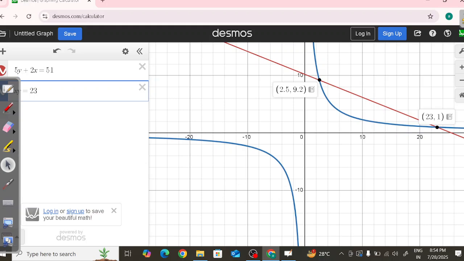Now you will say, why teacher, why are we using this? We have to expand the second expression also and equate it with the given equation, the same method we followed to find A and B. But that is not necessary, because the expression is the same. So we can directly say A is 23, B is 1, C is 2.5, D is 9.2. The question is just to trick you.